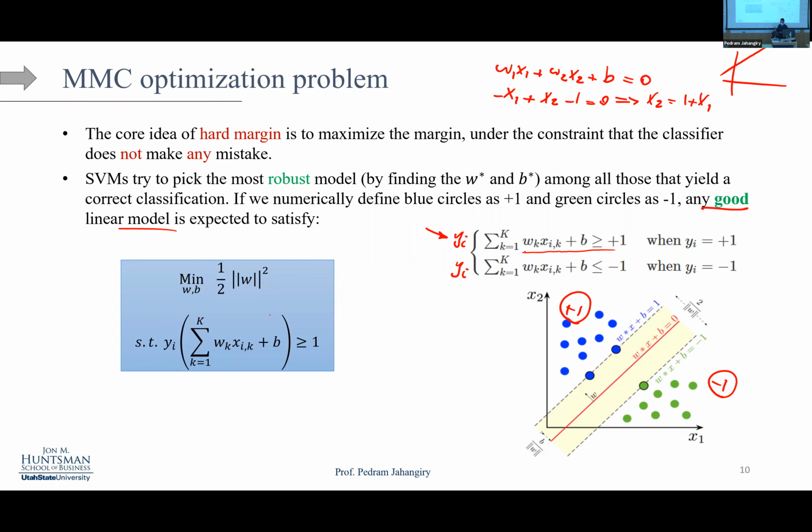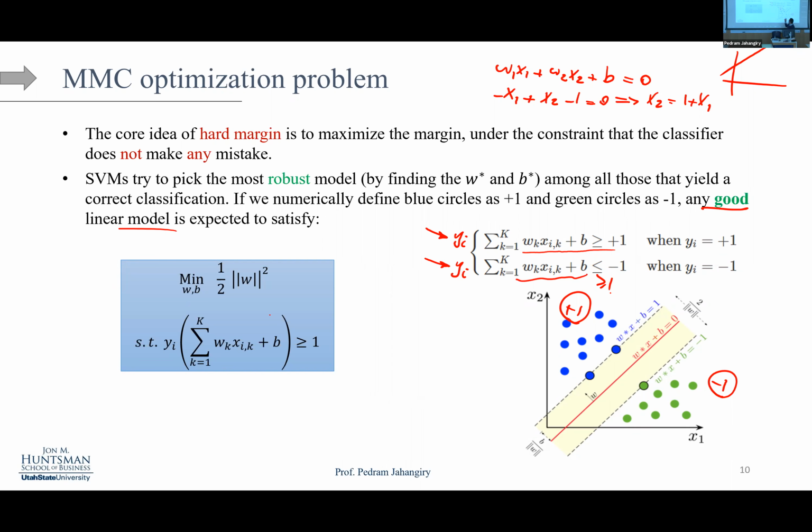So basically, yi multiplied by this expression is going to be greater than or equal to 1, right? And if yi is equal to -1, then when I multiply the right-hand side by -1, it's going to flip the inequality, so it is again greater than or equal to 1. Does everyone see that?